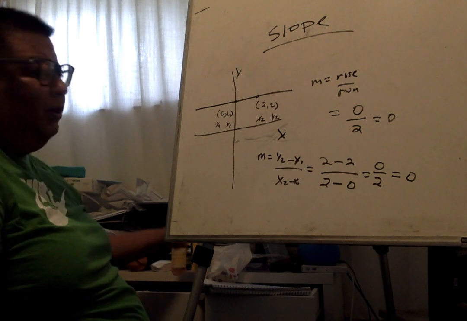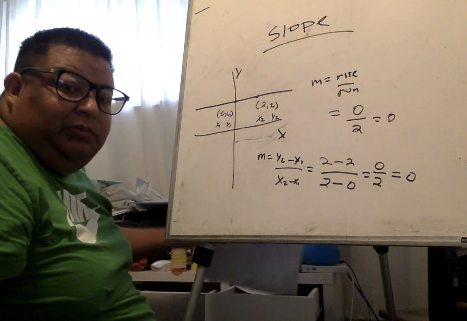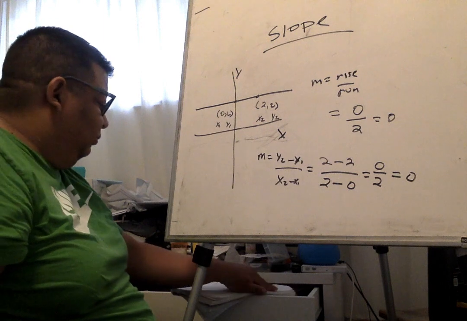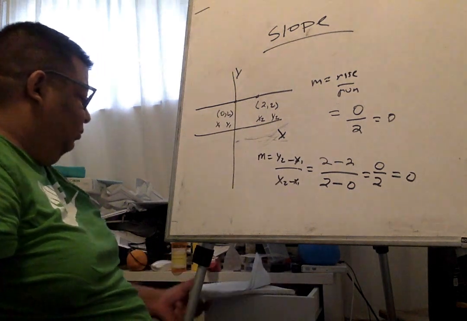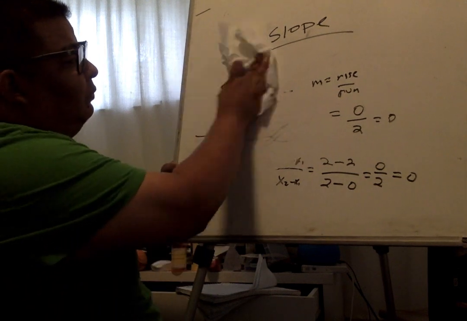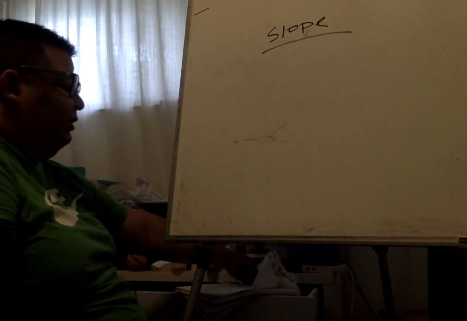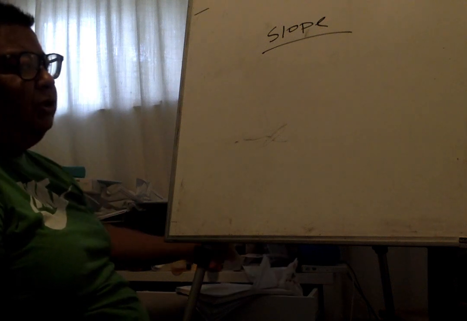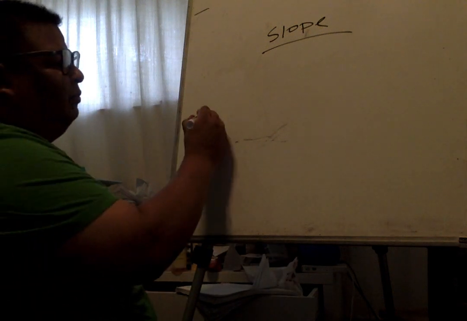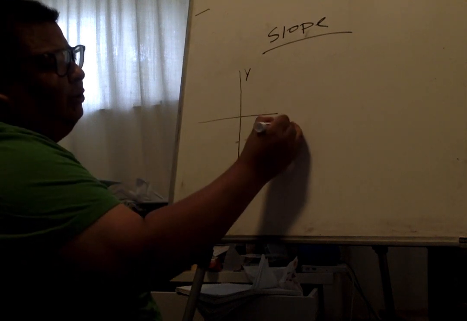Okay, now we're going to go to the last case. The last case is when the line is vertical. We're going to look at it and find out why the slope is always undefined for a vertical line. So this is your axis, you have your y and your x.